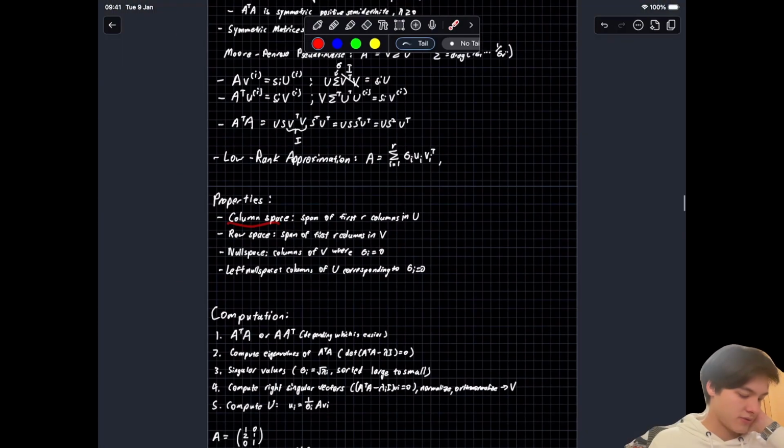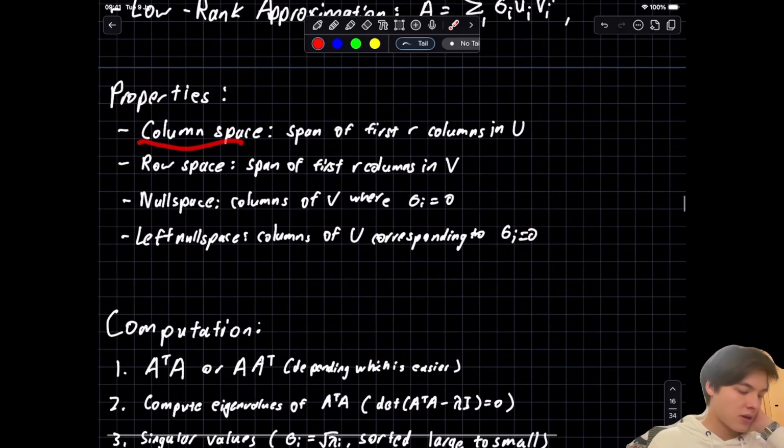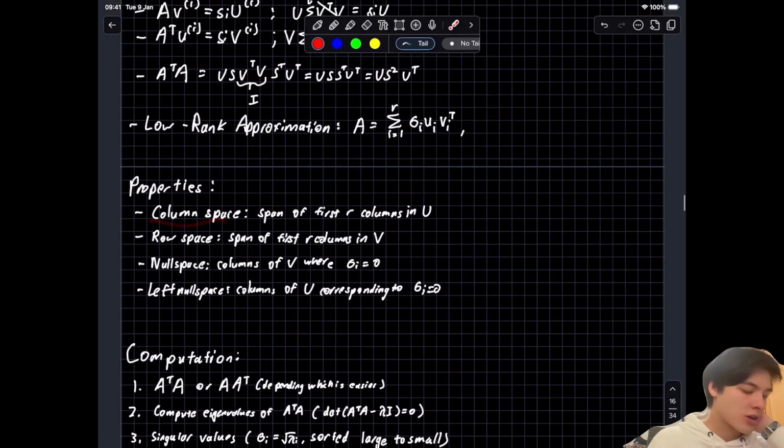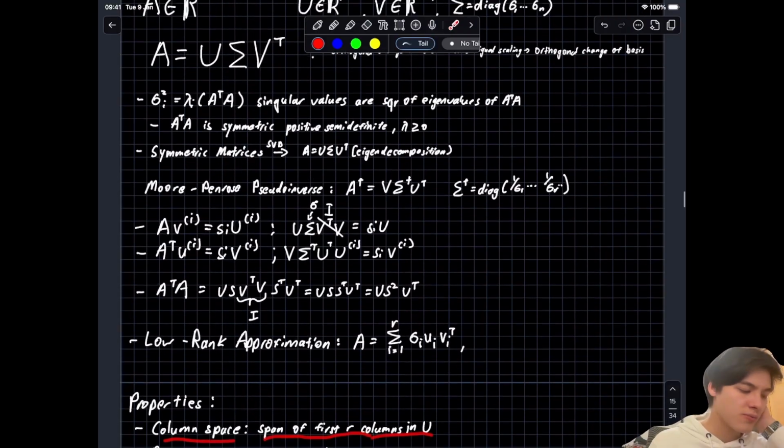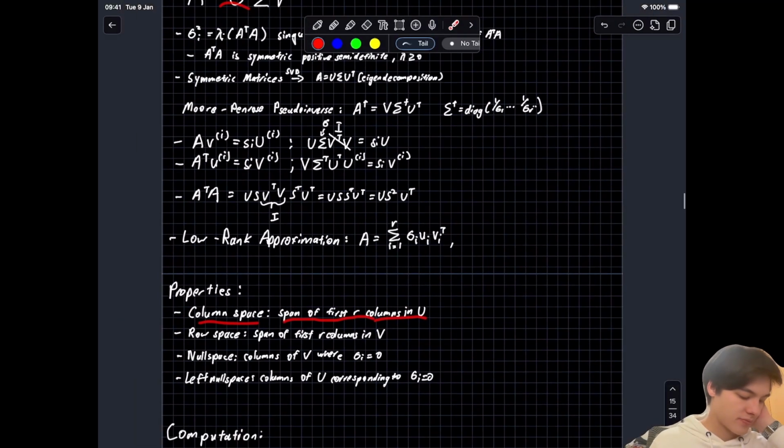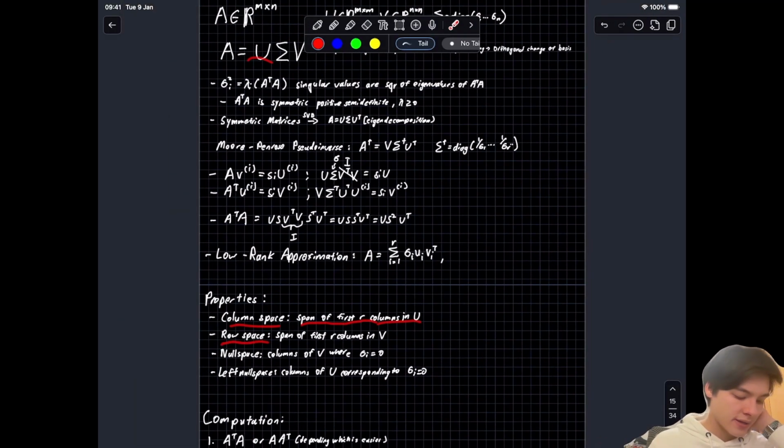What did I have here? Column space. Oh yeah, the column space is the span of the first R columns in U. The row space is the span of the first R columns in V. The null space is the columns of V where the singular values equal 0.